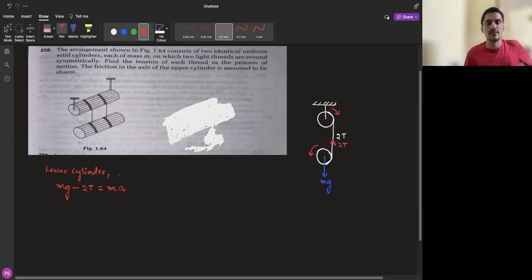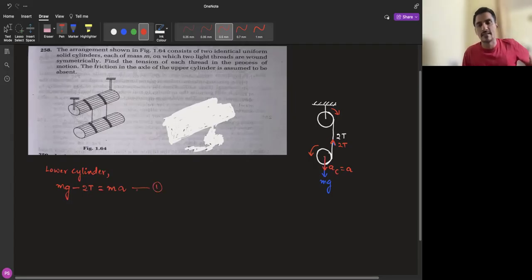This acceleration is the acceleration of center of mass, a_c equal to a. Let us consider this as equation number 1.